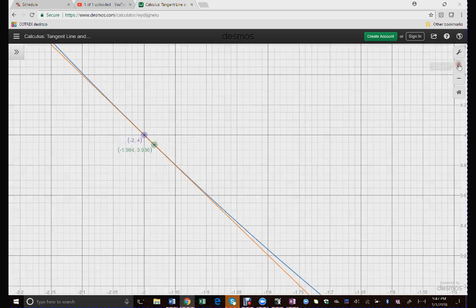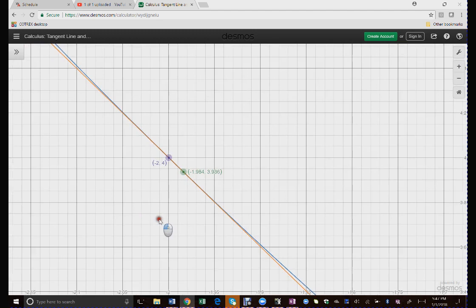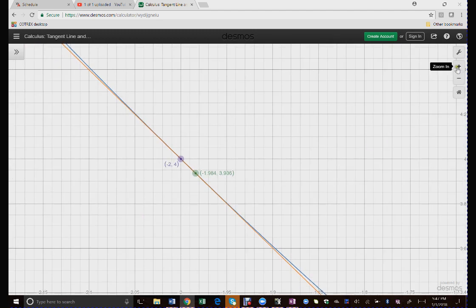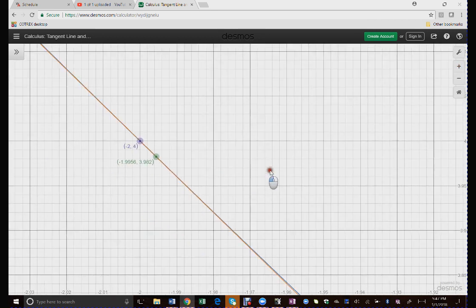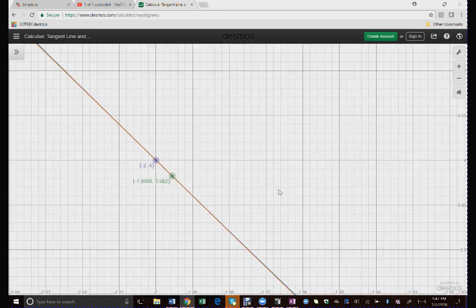And if I continue to zoom in some more, not only can I get my x2 and y2 very, very close to each other, you should notice something very interesting here. And that is my actual parabola, which is a curve, no longer looks like a curve. The whole parabola looks like a straight line because we've zoomed in so much. So I'm just going to take this to here, which is extremely close.